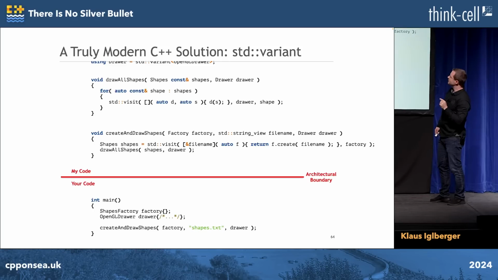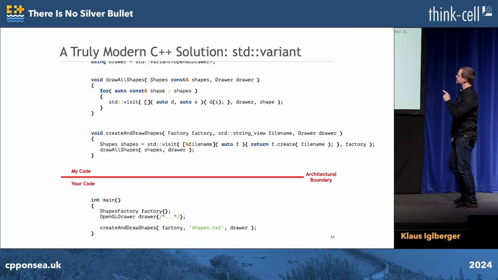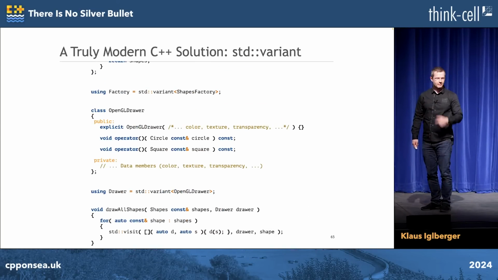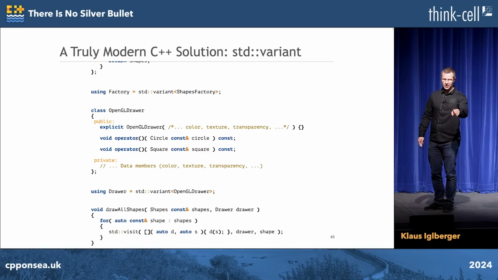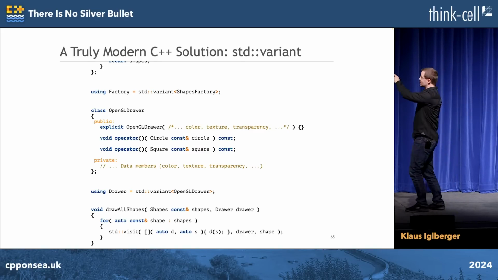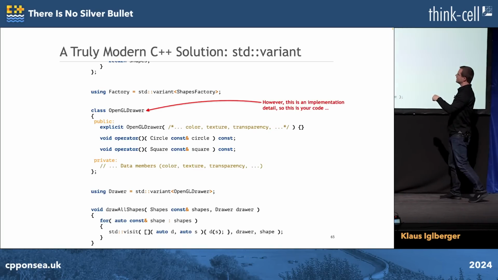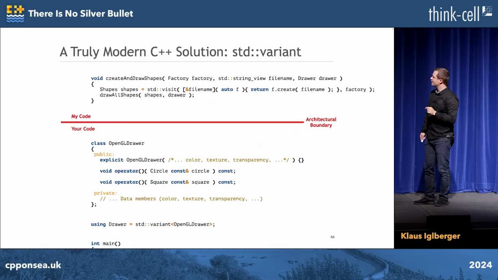If I think about this, this does not feel correct yet. If you scroll up a little bit, OpenGL drawer. That is not my code. No, that is your code, of course. You care about the details, I do not. So this and the according abstraction, the drawer, goes into your code. So we just have to shift around the code a little bit.